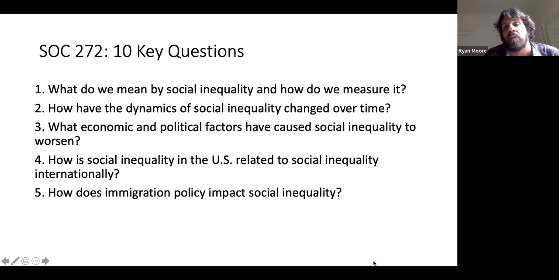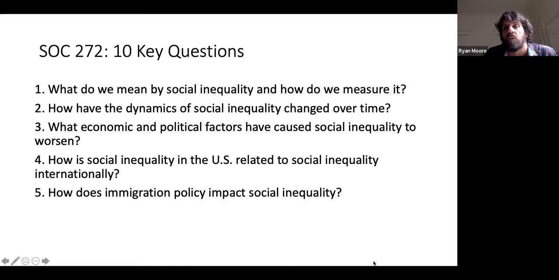So I start with a list of 10 questions here, and we're just going to look at the first two of them in this lecture. The rest will be in subsequent lectures. First, what do we mean by social inequality and how do we measure it? And secondly, how have the dynamics of social inequality changed over time?